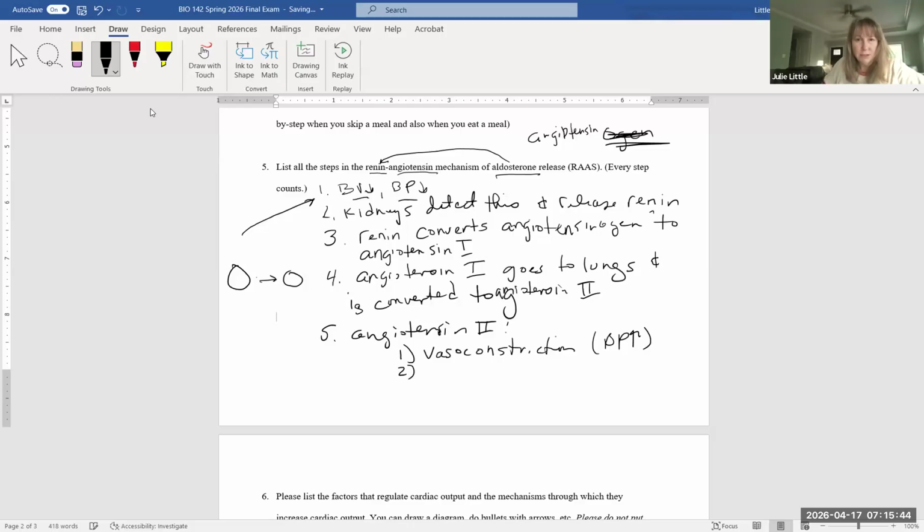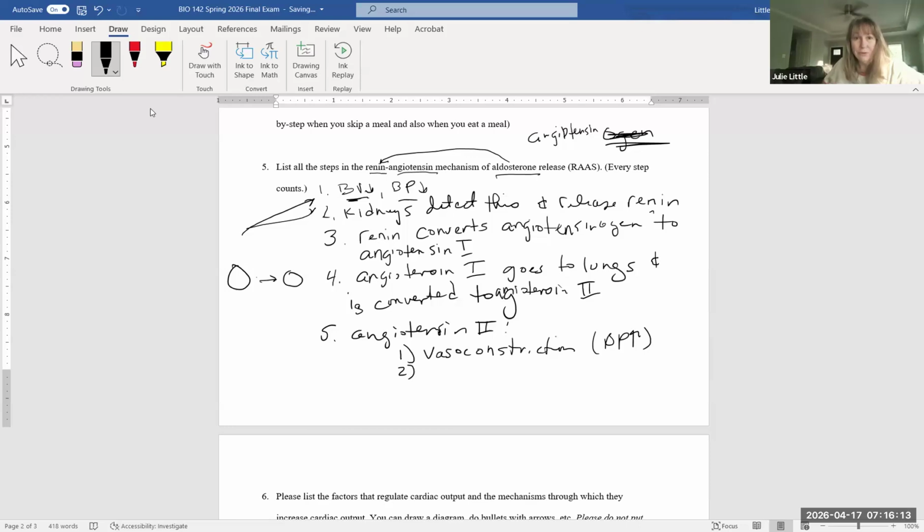Another thing that angiotensin 2 does is it stimulates the release of antidiuretic hormone. Antidiuretic hormone is stored in the posterior pituitary. It's made in the hypothalamus, and its job is antidiuresis. It's to prevent the production of urine. The reason we want to do this is because if we already have a low blood volume and we make more urine, where are we getting the liquid? From the blood.